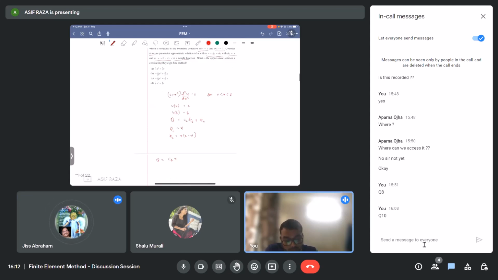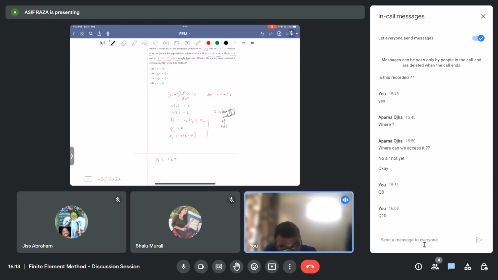Not necessarily, but the reason this is taken is, as I told you earlier, that the weight function needs to satisfy the homogeneous counterpart of the essential boundary conditions, right?